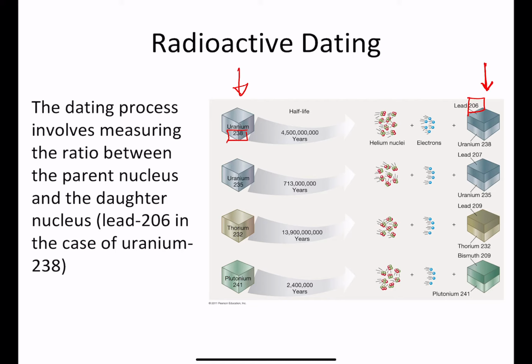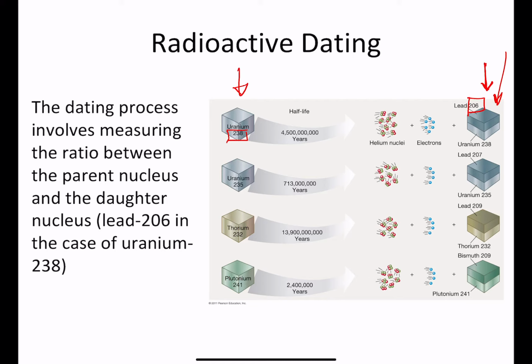Not all of this uranium has transformed into lead. You can see that about half of it has transformed into lead. The rest is yet to transform or decay. So suppose you are a geologist and you find this rock which is about half lead and half uranium, and you happen to know that uranium transforms into lead through radioactivity.